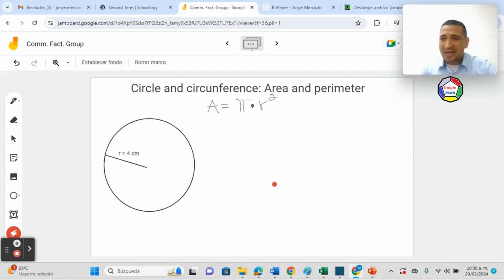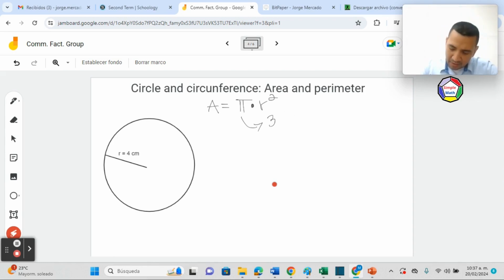Pi is an irrational number that is 3.14. That is the standard measurement that we're going to work with. Pi is always 3.14. Do not forget that for all the exercises it is 3.14.